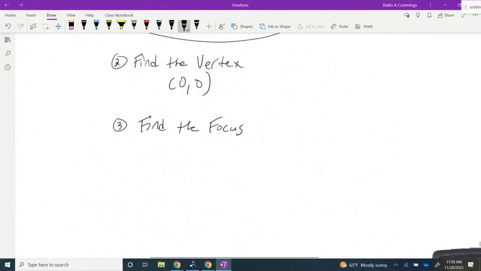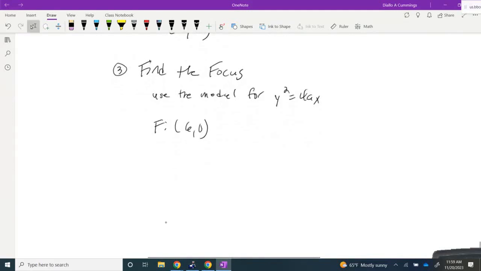So to find the focus, we use the model form for y squared is equal to 4ax, and we have the focus is 6 comma 0, and the directrix is x is equal to negative 6.